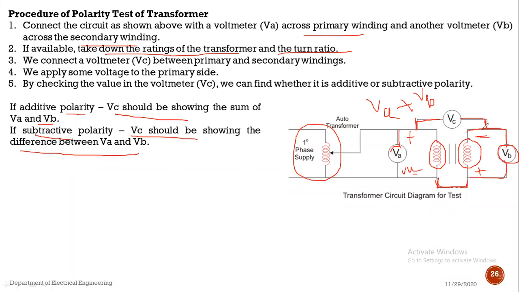In case of subtractive polarity, this polarity must be plus, this polarity must be minus. So this is a little change, and this is the test to check the polarity of the transformer. Transformer ची polarity check करण्यासाठी test चा circuit diagram, transformer circuit diagram for performing the polarity test. Polarity test perform करण्यासाठीची circuit diagram. Okay, getting all of you?